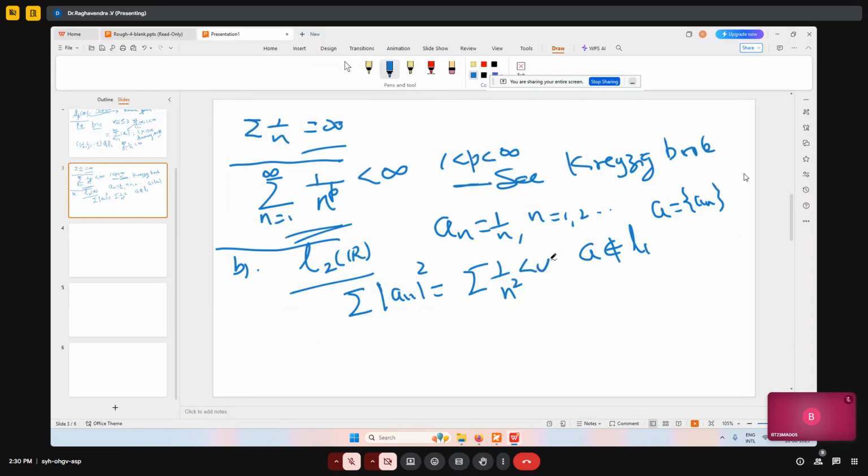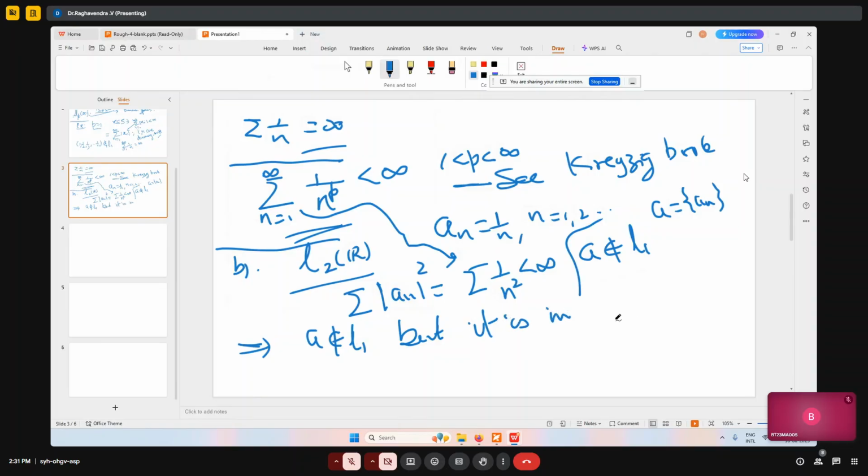This is finite by this theorem. So that shows that A is not in L1, but it is in L2. This is one thing that you should understand.